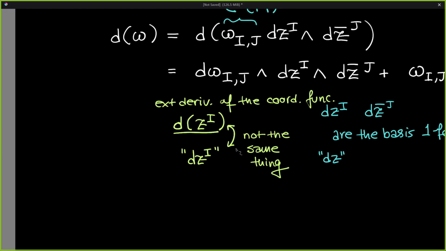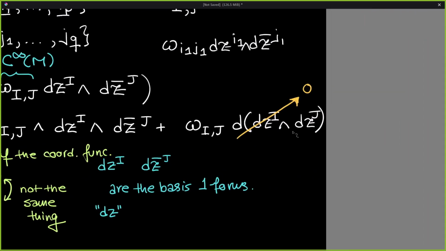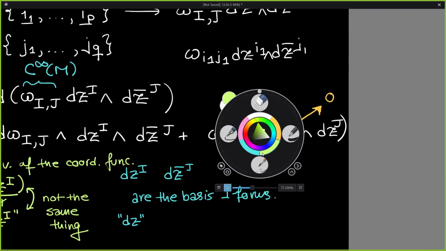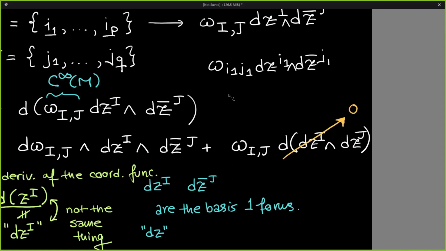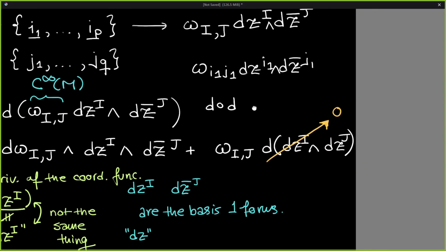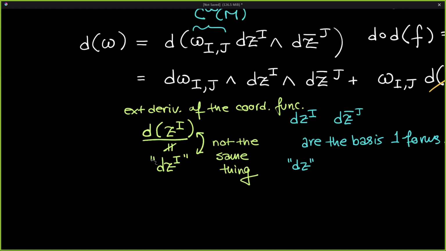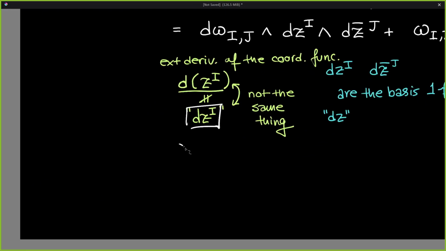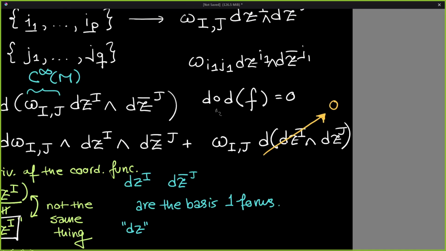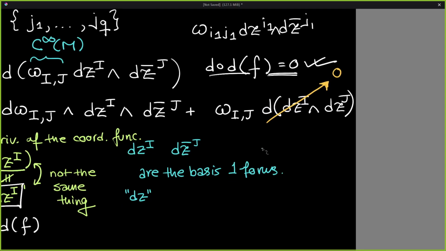If the atlas is not holomorphic, then this is not equal to these things, and therefore this is not 0. Because why would it be 0? We know that d after d of some function is 0. But if this is not equal to d of some function, then there's no reason to use this constraint, or this rule for the exterior derivative.